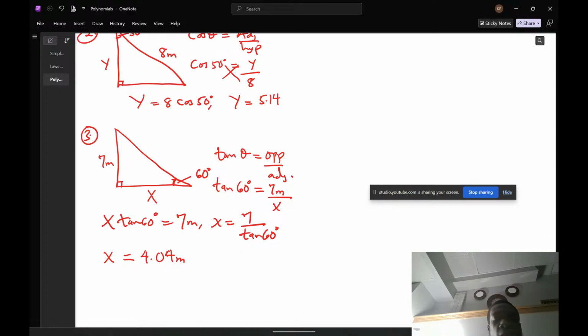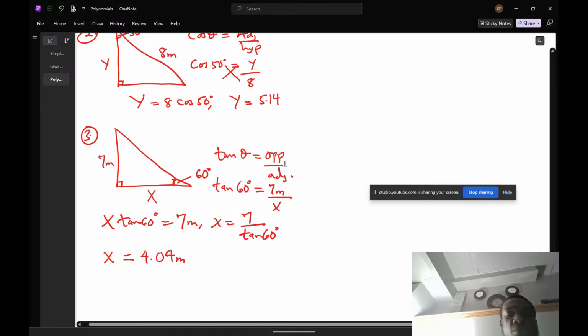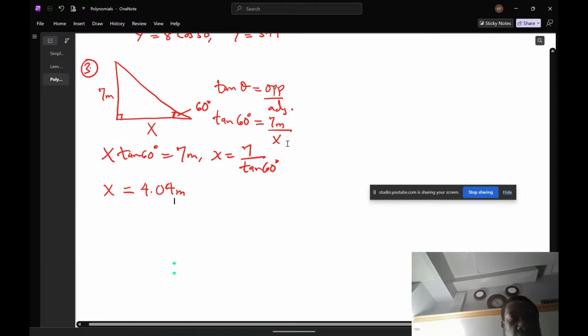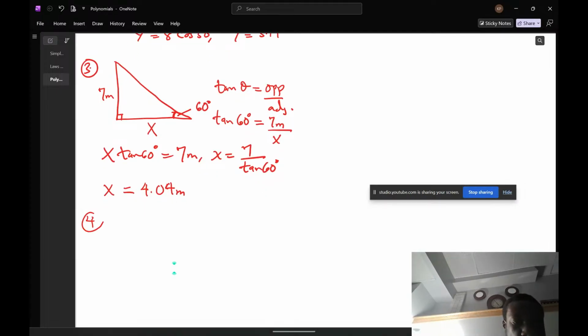Now I want to try some where we have to find the angles. In this case, we have a right angle triangle like this. This place is theta. This place is 7, and this place is 5.